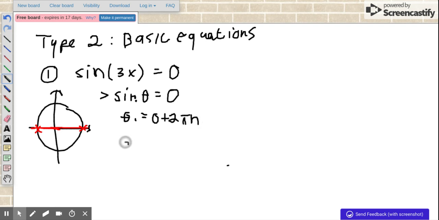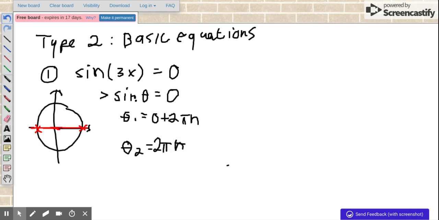And then the second angle, theta 2, is equal to pi, the one on the other side. So pi plus 2 pi n.